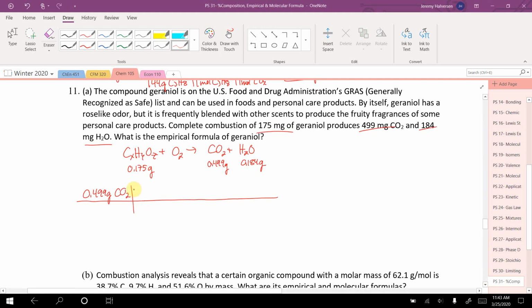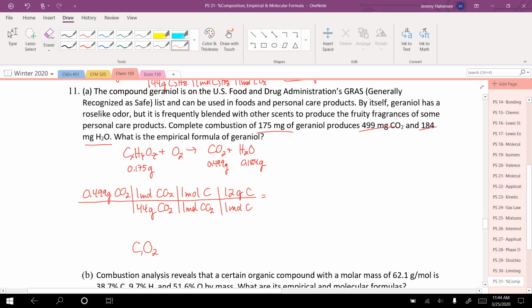Well, I know 1 mole of CO2 is 44 grams. And based on just the formula for CO2, I know that 1 mole of CO2 has 1 mole of carbon in it, because it has 1 right there. And then I know 1 mole of carbon is 12 grams.